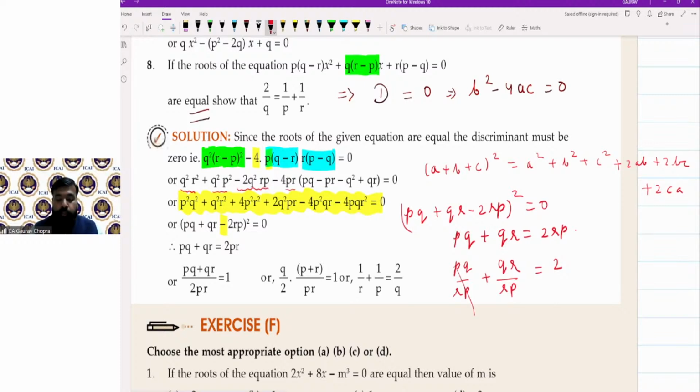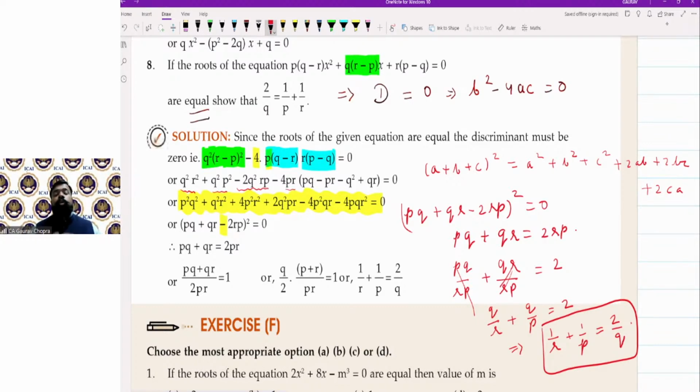So from here, p and p is cancelled, r and r is also cancelled. So what is left? q by r plus q by p is equal to 2. We can take q as common from here. So q is common. What is left? 1 by r plus 1 by p, and it is equal to 2 upon q. So it can be written in this manner also. All right. But do not worry, we have to solve most of the questions using options.